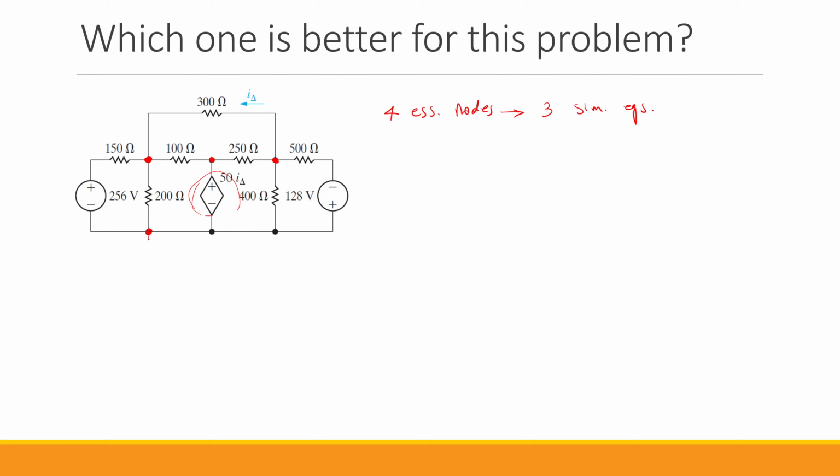If we consider this to be the reference, this can be considered as the voltage source between the reference and the non-reference node, and we can use that to write a supernode equation. So based on this basic analysis, solving this circuit completely requires at most 3 simultaneous equations.